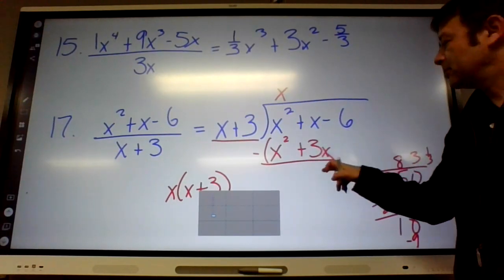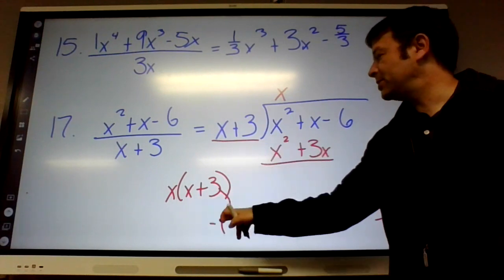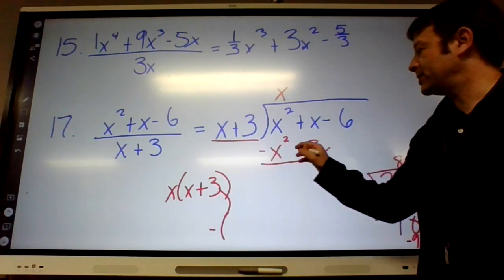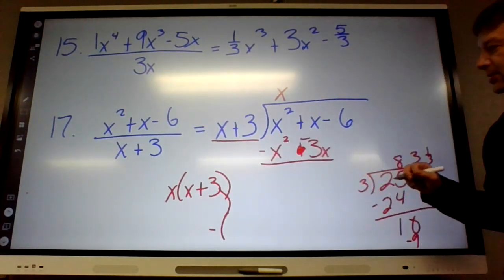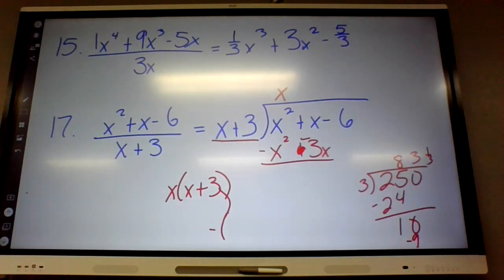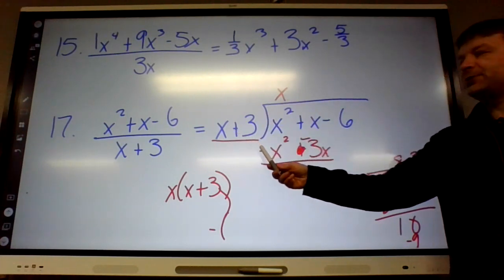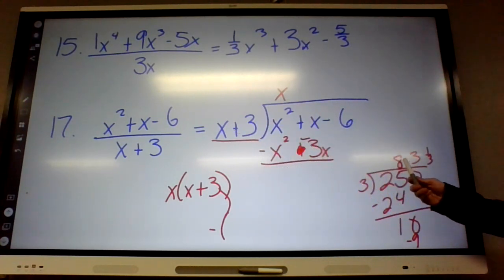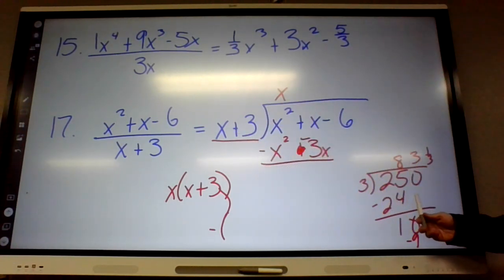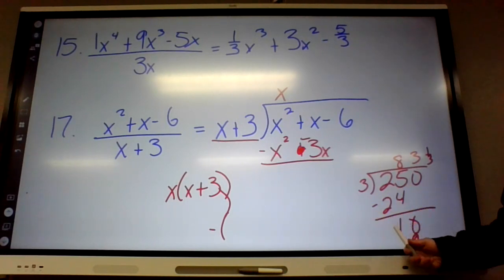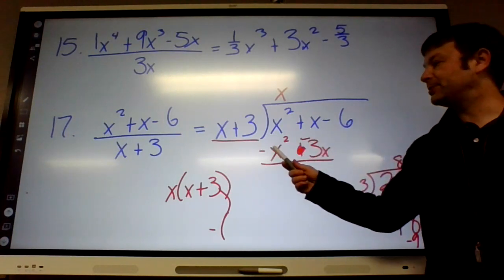But what I usually do is put a minus and a minus like that. When you multiply it, it's x squared plus 3x. When I multiplied 8 times 3, I put 24, but then I put a minus in front because we're subtracting that bottom line. So it becomes a subtraction.